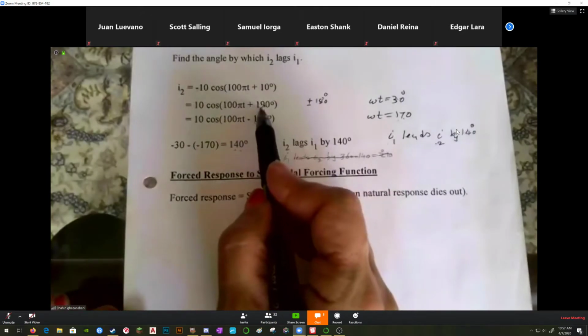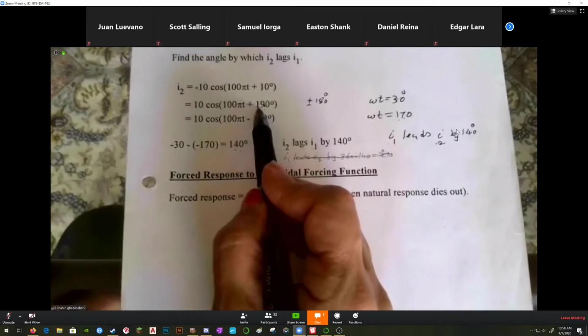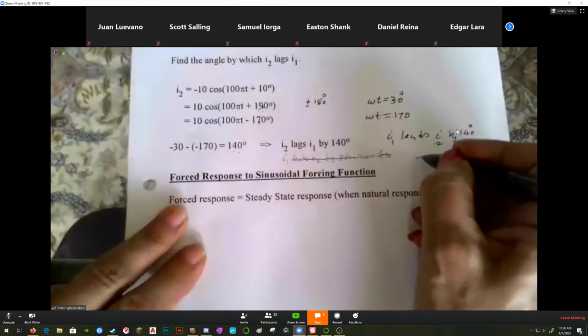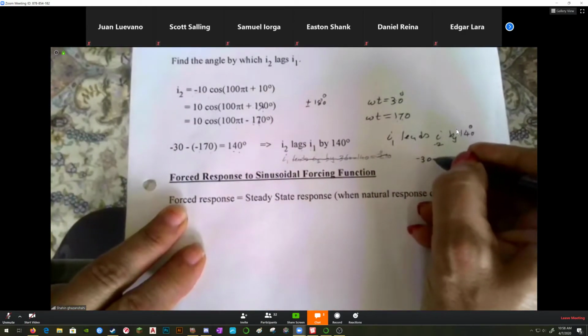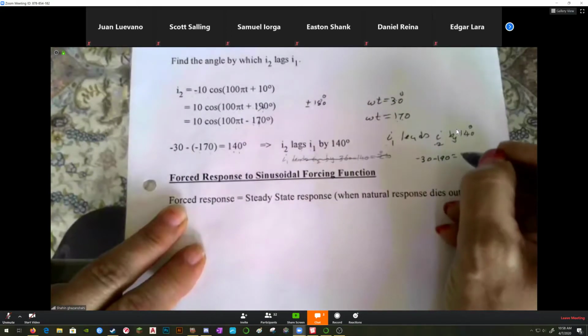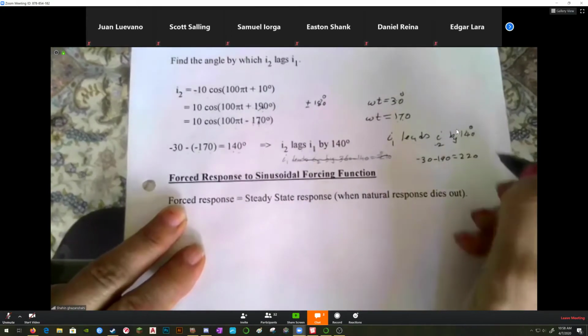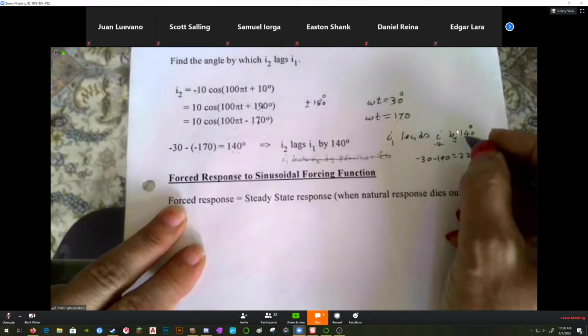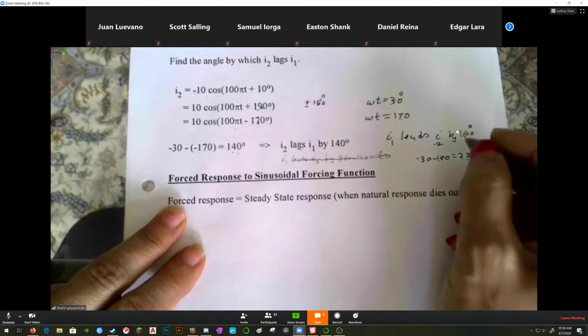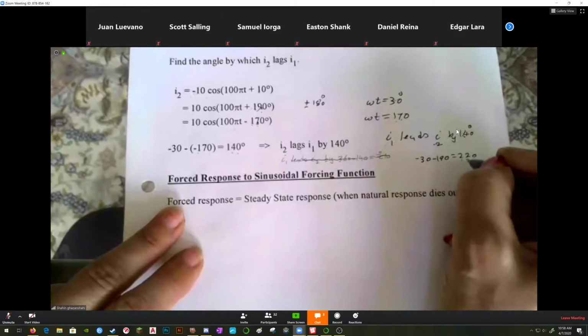If I use this one, the difference between this and this is minus 30 minus 190, which comes to 220. 220 is the complement of this one, since it's 360. So that is correct also.